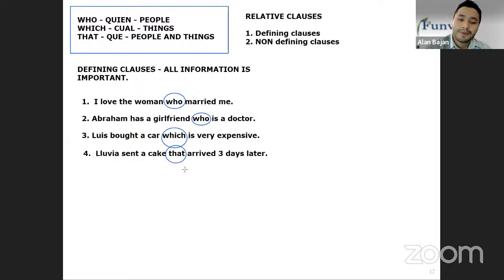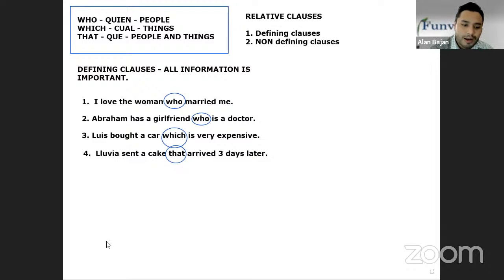Translation. Abraham tiene una novia que es doctora o doctor. Ahora hay hasta doctores por no género. So, doctora o doctor, como lo digan ustedes está bien. Luis compró un carro, el cual es muy caro. O Luis compró un carro que es muy caro.